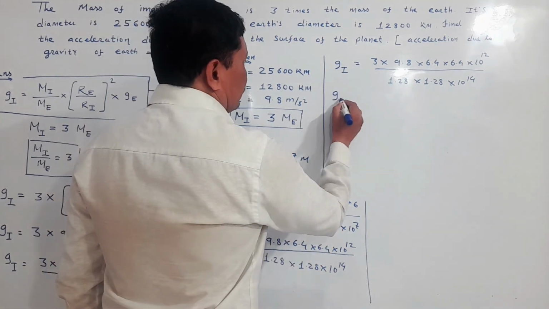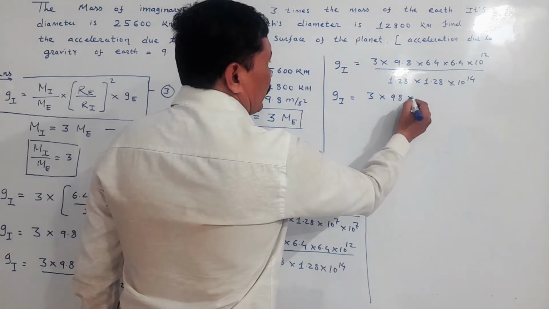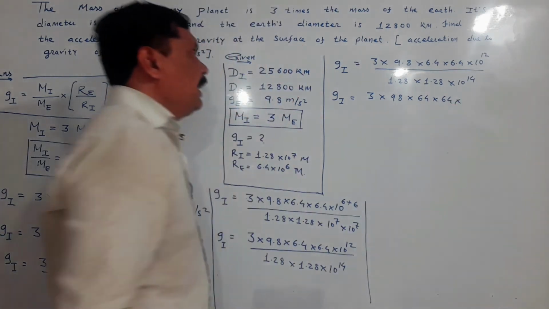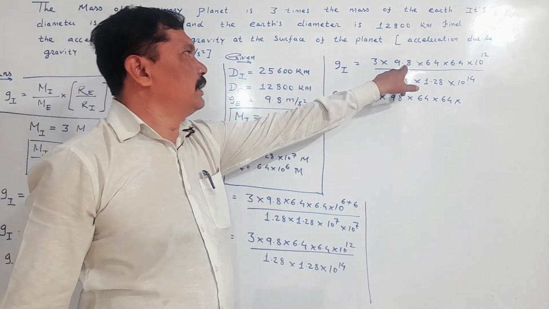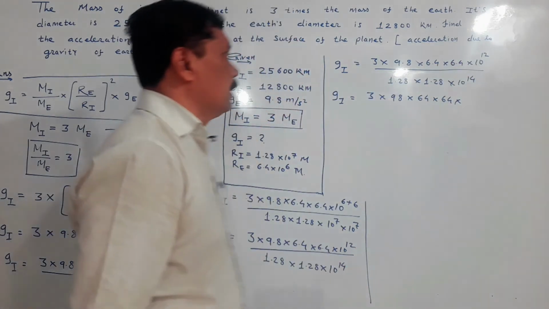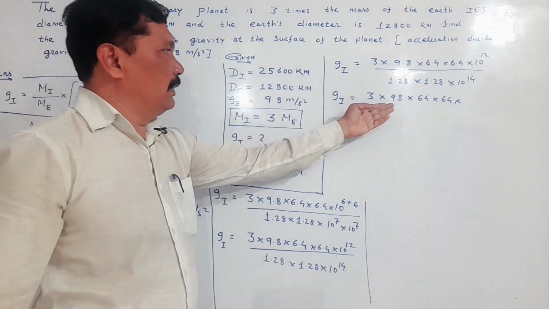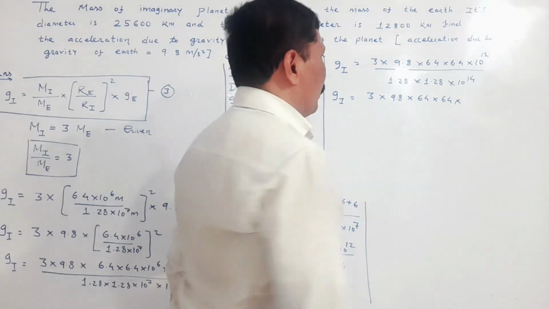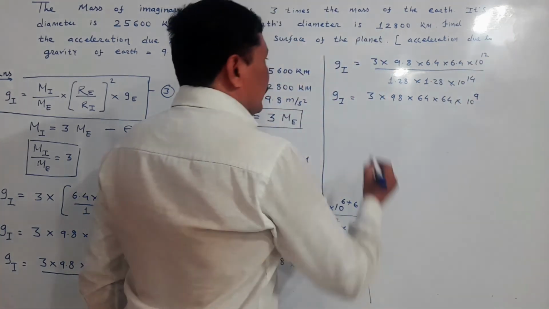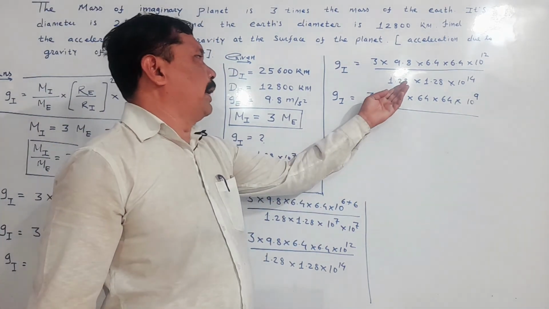So we can write Gi is equal to 3 into 98 into 64 into 64 into, my dear student, here one digit and one digit, total 3 digit we have to remove. So when we remove 3 digit, we can write 3 into 98 into 64 into 64 into 10 to the power 9. In the same way, my dear student, here we have to remove the point.